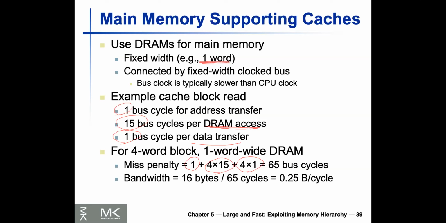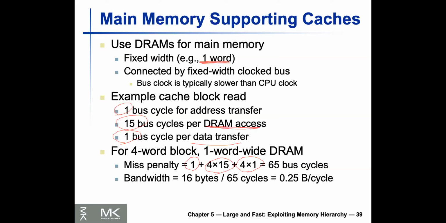Why don't we multiply the first one by 4? Because the address transfer is always 1. Okay, right. So that's why you add them up.